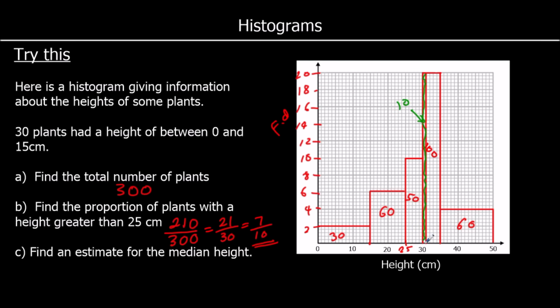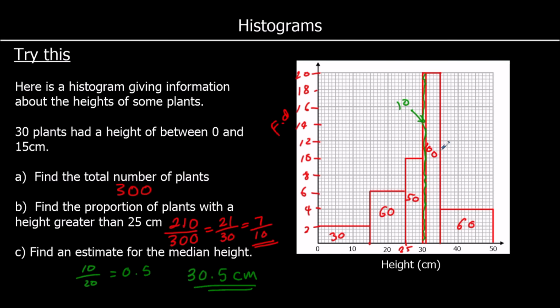Its area is 10. What's its width? So 10 divided by 20 is 0.5. So we want to go 0.5 into the 30 to 35 group. So it's 30.5 centimeters. That is the point where we can draw a line that splits half the plants on one side and half the plants on the other side.